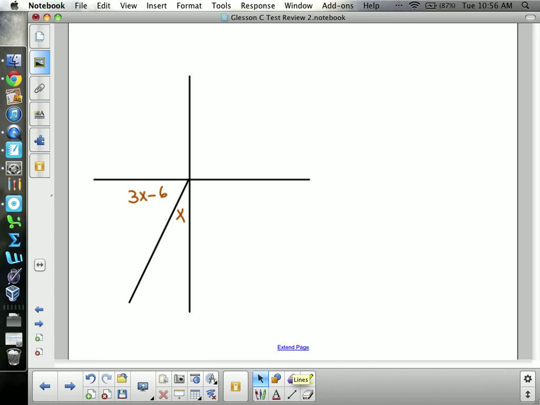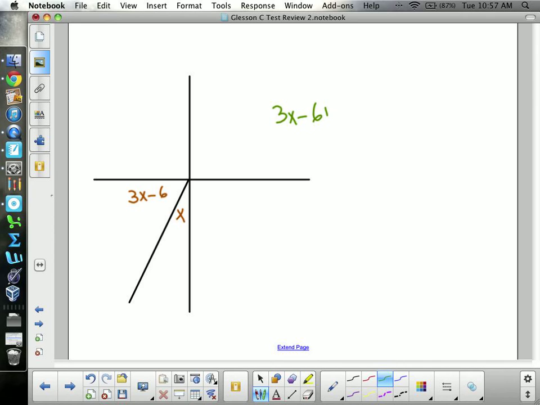They're going to be congruent, supplementary, or complementary. Which one's it going to be? They're going to add up to 90 degrees. They're not going to equal 90 individually, they're going to add up to 90.